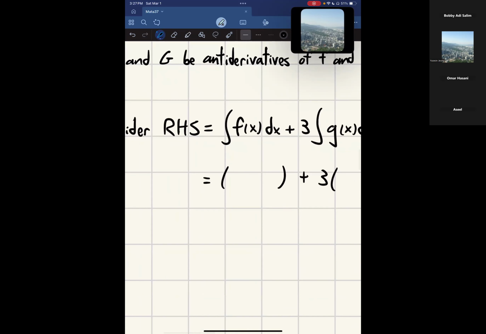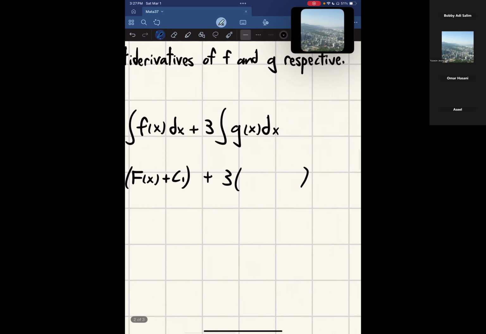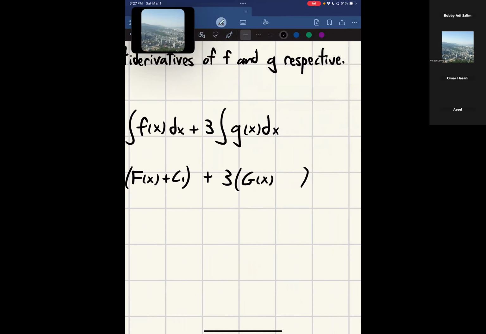For the first integral, we're going to call it big F of x. We know that this indefinite integral has its own plus C constant that can represent anything, so we're going to call it C1. Similarly, for the second one, we know that the antiderivative is big G of x, and again, this has its own plus C. Think about if you were computing this by itself, it would have its own plus C. So we're going to call that C2.